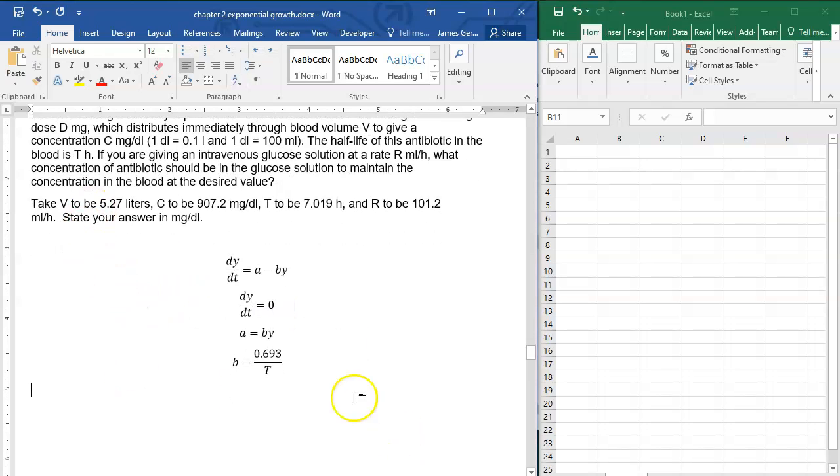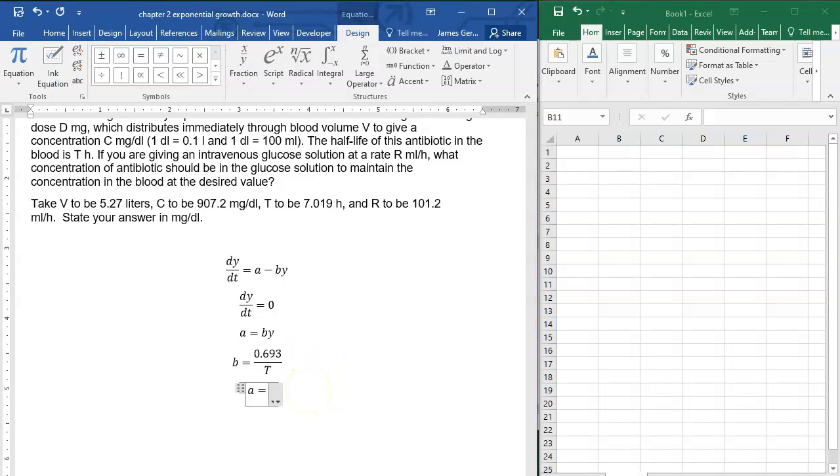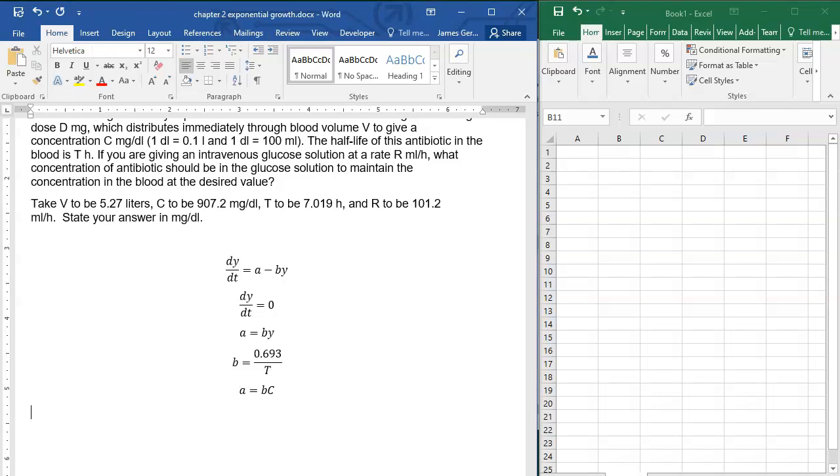Okay, so now we have A and B. And I say we have A because we know what concentration we want. A is just going to be BC, right? Whatever our C is, 907.2 milligrams per deciliter, that's what A is going to be, right? That's the concentration we have to stay at.